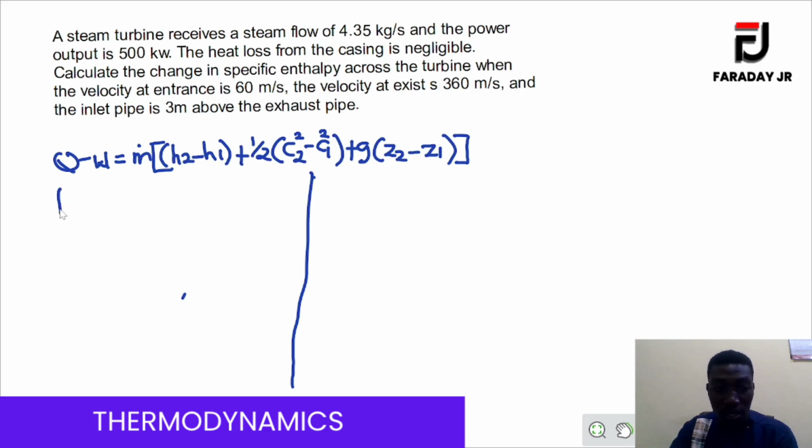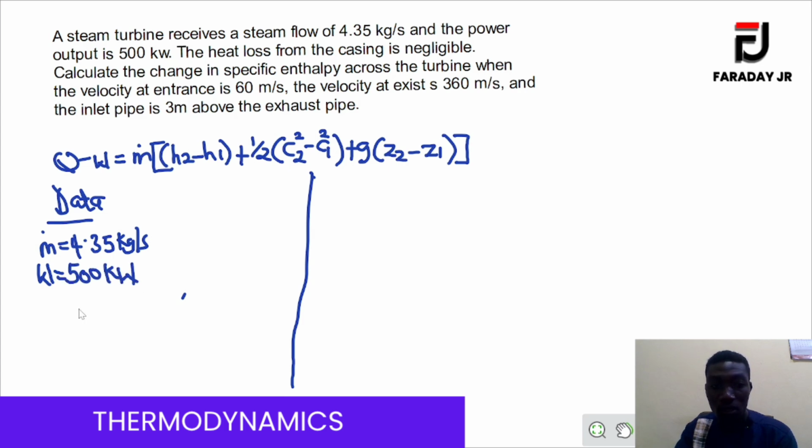So we have our mass flow rate being 4.35 kilogram per second. We are having our power, so it's in kilo, and that's our work, which is equal to 500 kilowatts.